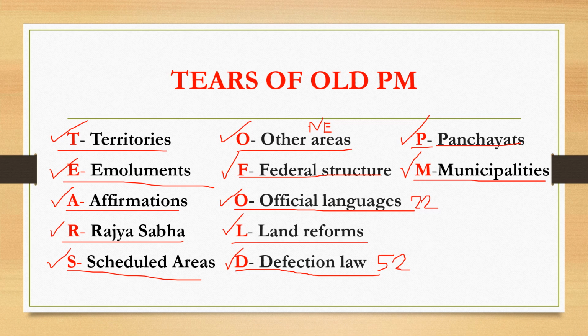T stands for territories, E for emoluments, A for affirmations, R for Rajya Sabha, S for scheduled areas, O for other areas, F for federal structure and O for official languages, L for land reforms, D for defection law, P for panchayats and M for municipalities.